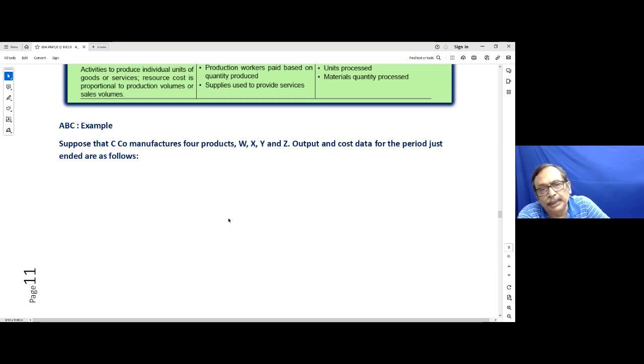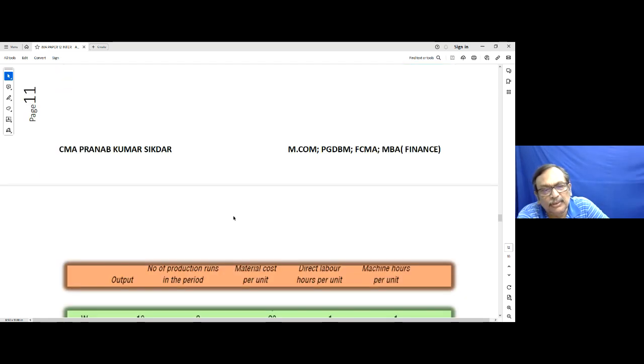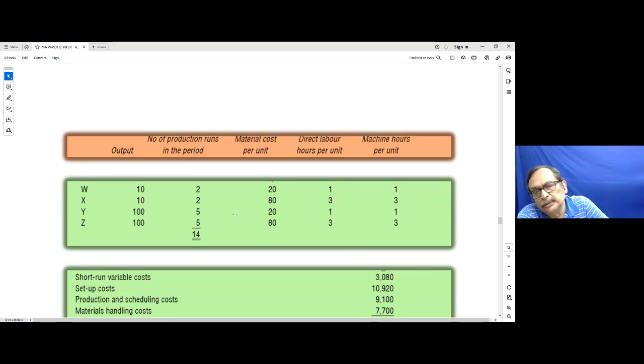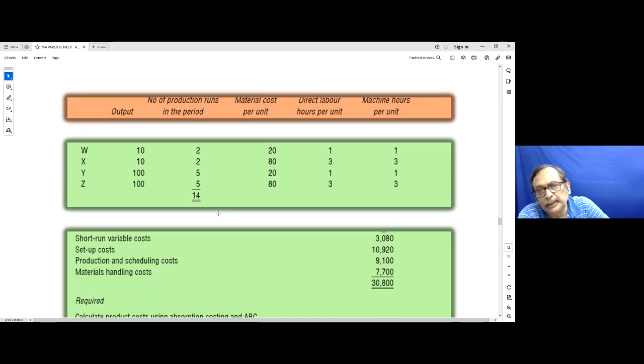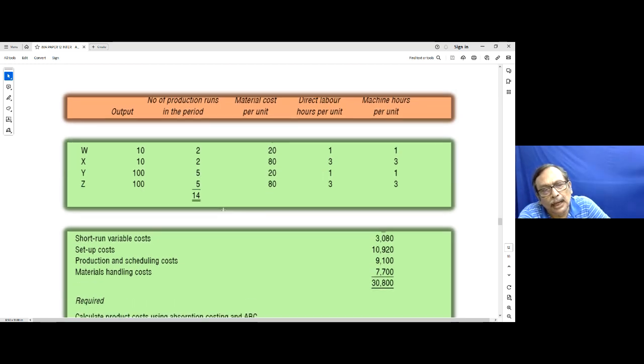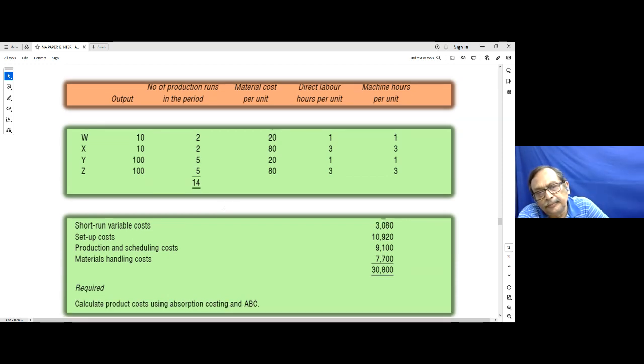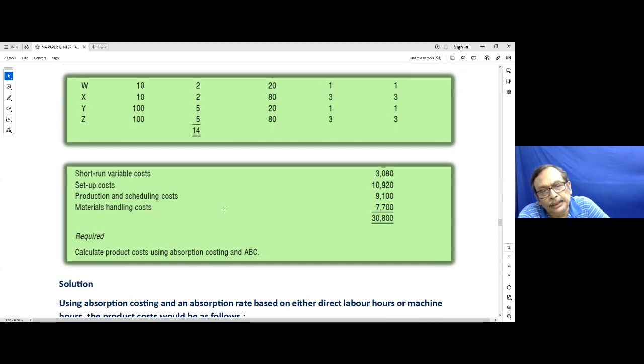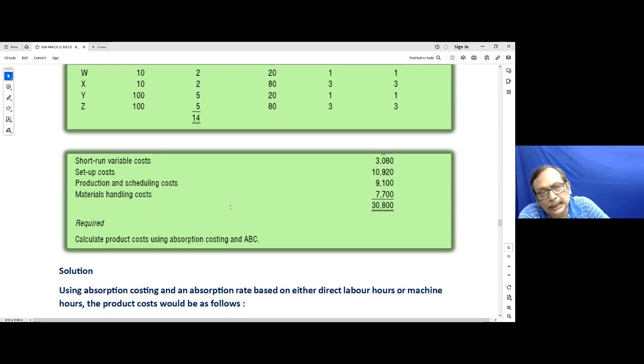Suppose that C company manufactures 4 products, W, X, Y, and Z. Output and cost data for the period just ended are as follows: output, number of production runs in the period, material cost per unit, direct labor hours per unit, and machine hours per unit, for the 4 products W, X, Y, and Z. And we are having short run variable cost, setup cost, production and scheduling costs, and material handling cost.